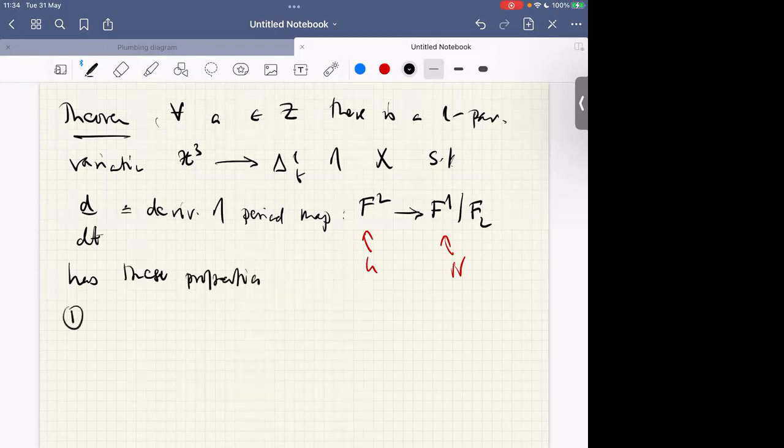One. Its rank is 1. I'm assuming here that there are some forms to differentiate.